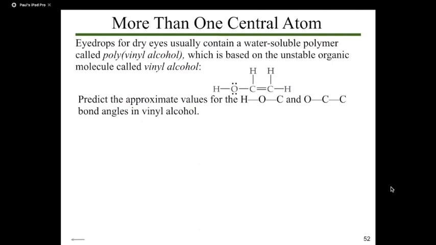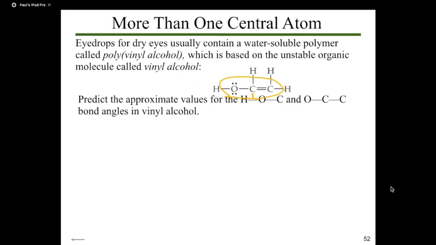Okay? I'm asking from oxygen to the carbon to the carbon. What is the central atom in this? A carbon, and one of them, so I'm going to call it carbon number 1. All right, how many electron domains are around that one? 3. And when I have 3, what is my shape? Trigonal planar. What would be the angles around this? 120.